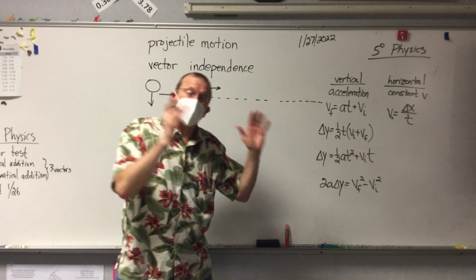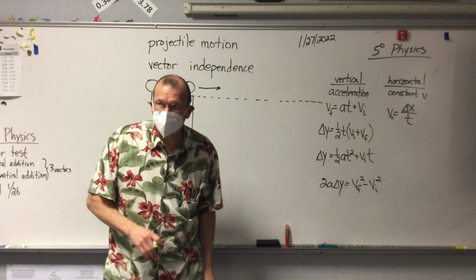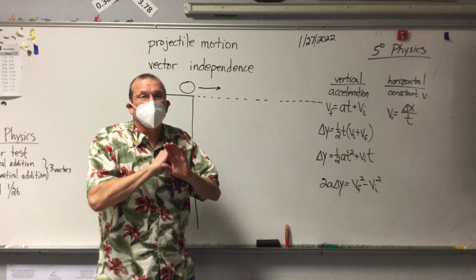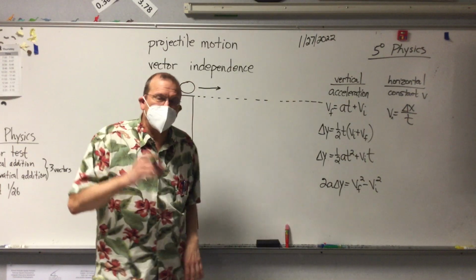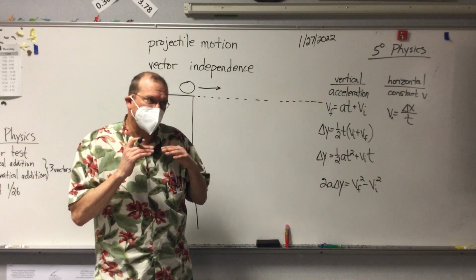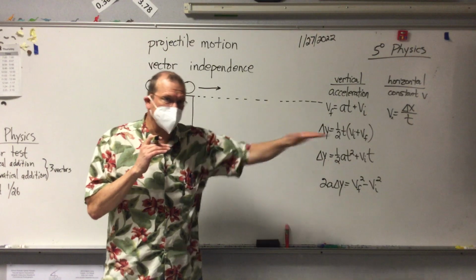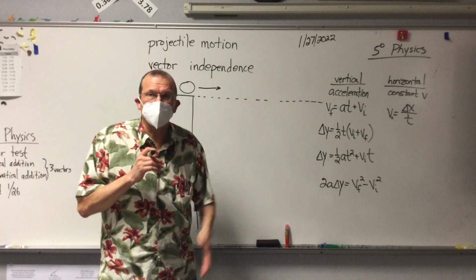Now again, before we got to this point, we didn't let objects do two things at the same time. So we just called every going from here to there delta x. But now we have to realize, okay, I got 2 dimensions. So that means there's a difference between a delta x moving horizontally and a delta y for the vertical dimension.